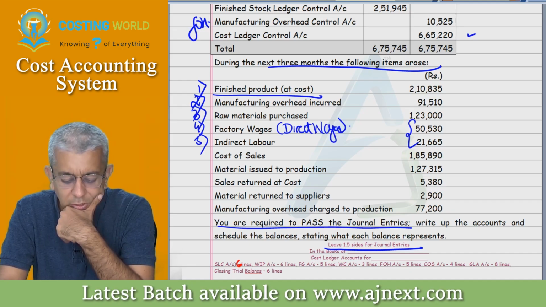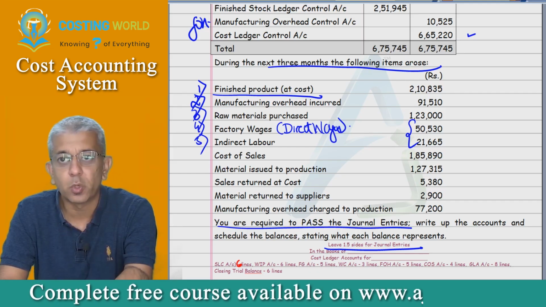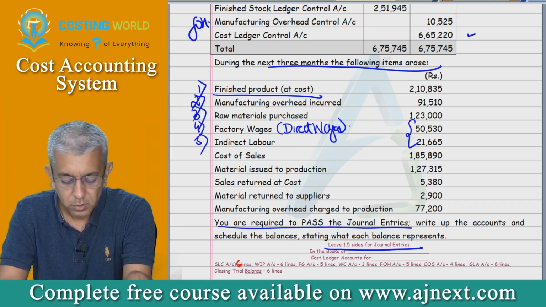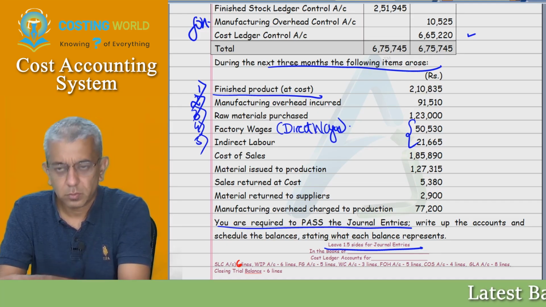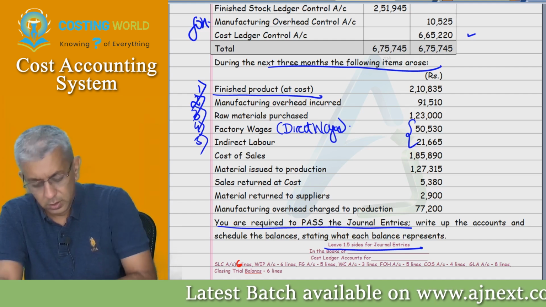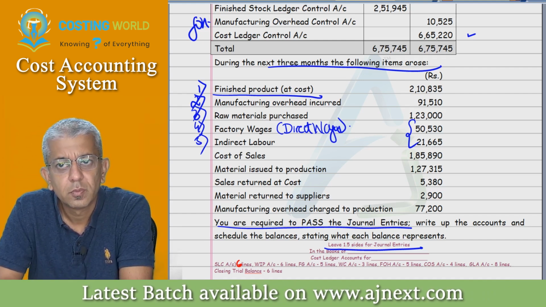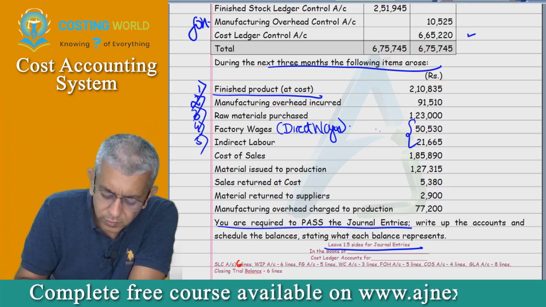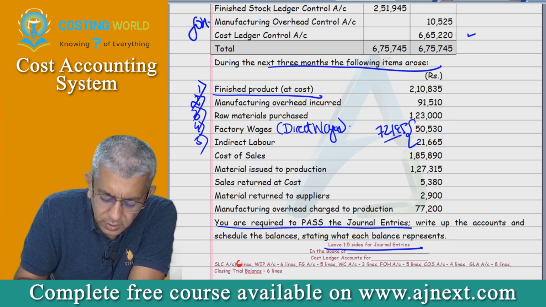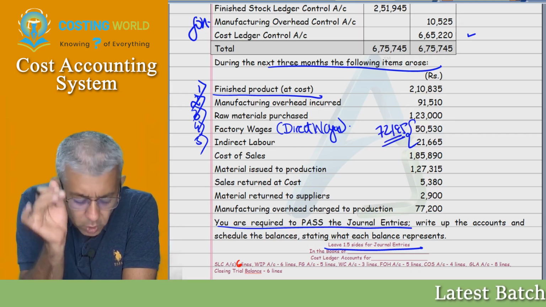And write down the entry: wage control account debit to GLA. Just total them up, please. The total is how much? 72,195.